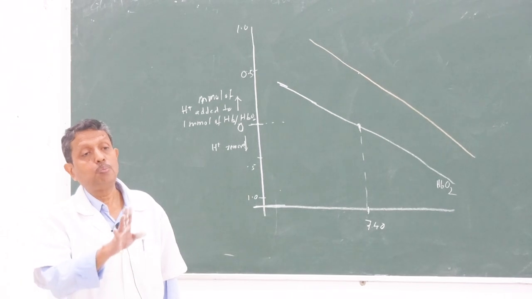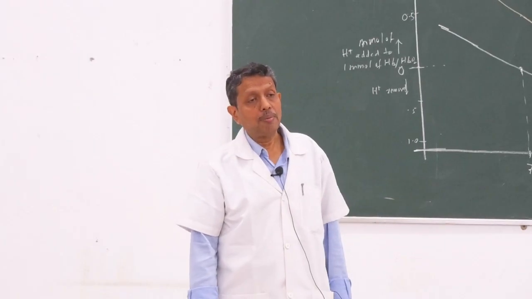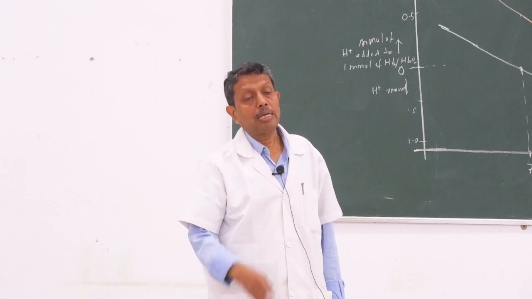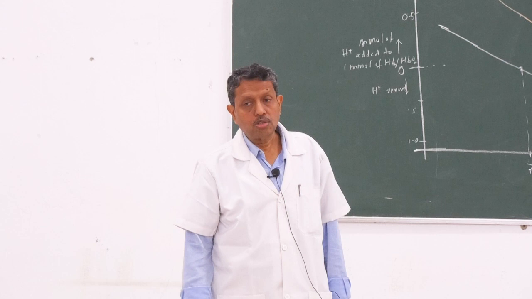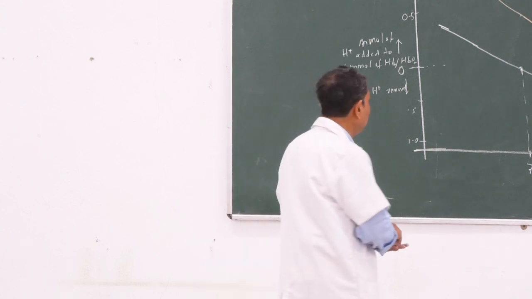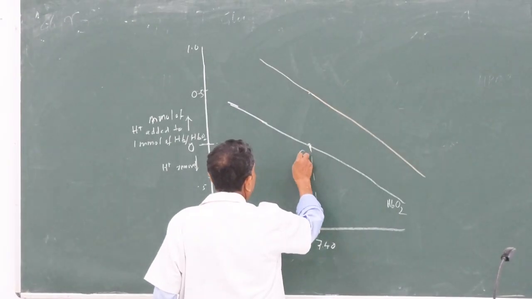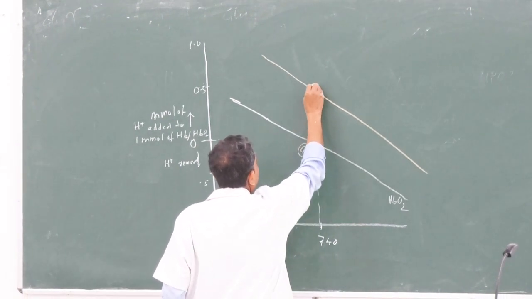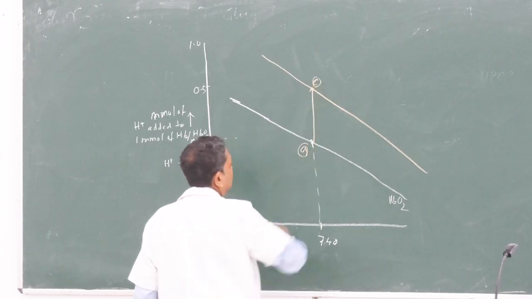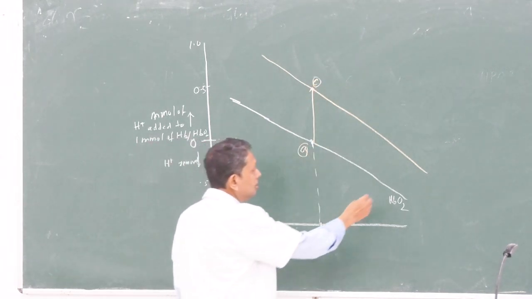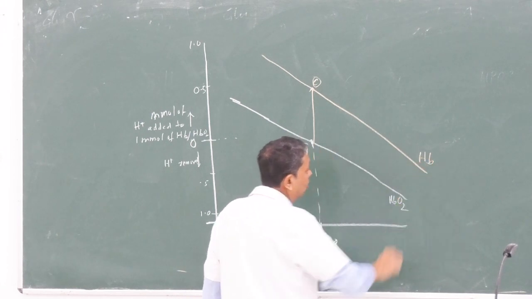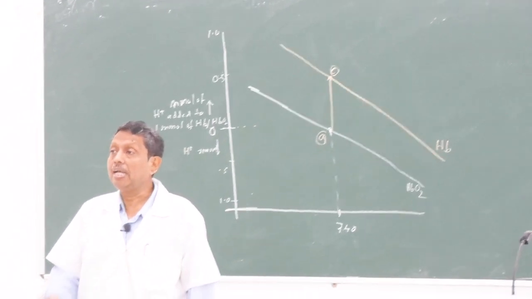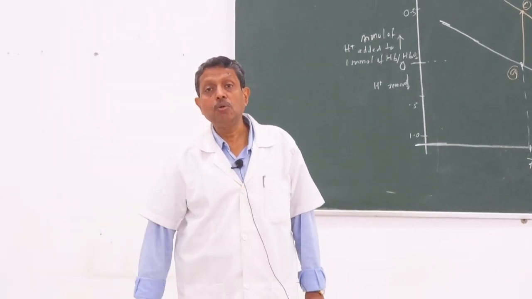And carbonic acid splits and gives rise to a corresponding amount of hydrogen ion according to its capacity to dissociate. If you take this point as A and this point as C, it is for hemoglobin. Hemoglobin is a weak acid in comparison to HbO2.